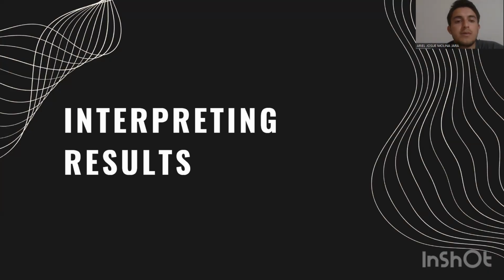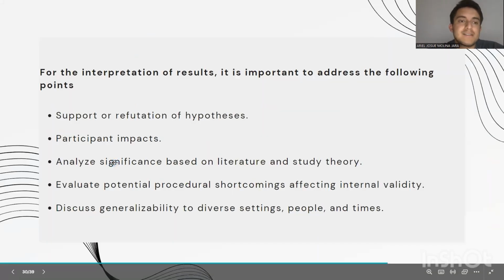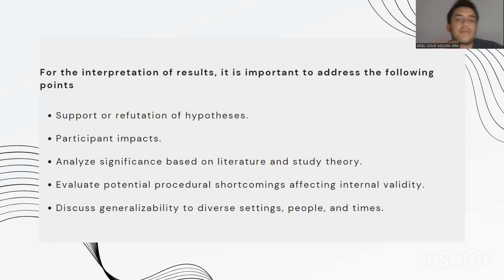And finally, interpreting results. For the interpretation of results, it is important to address the following points. The first one is to assess whether the results support or refute the hypothesis, based on the statistical test. We have to realize if there are going to be participant impacts.